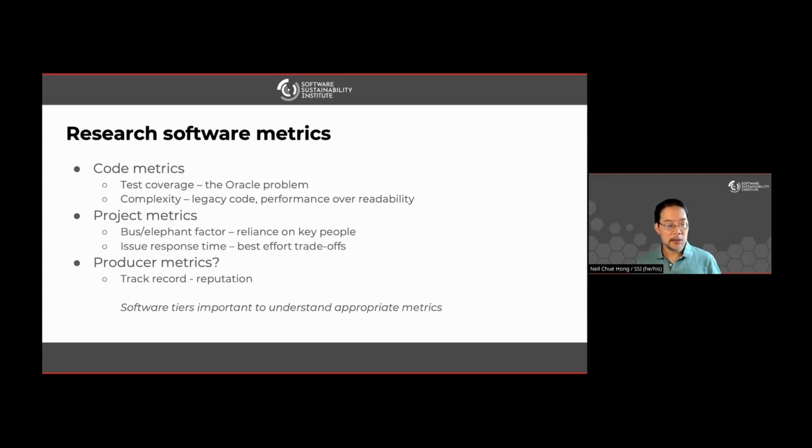Another one that is less commonly known but is very important in terms of research software is the elephant factor. That came out of work that was done in the open source community, and it refers to the number of organizations that are contributing to a piece of software and the ratio of developers to organizations.